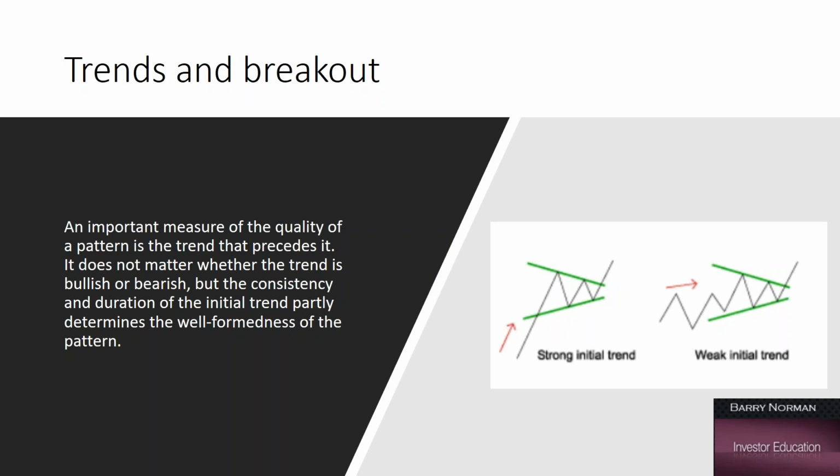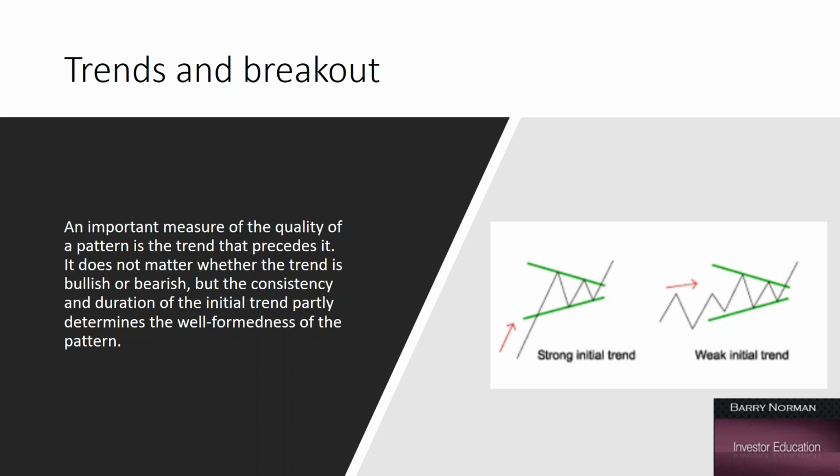Now we have to look at trends and breakouts. An important measure of the quality of a pattern is the trend that precedes it. It doesn't matter whether the trend is bullish or bearish, but the consistency and the duration of the initial trend partly determines the well-formedness of the pattern.